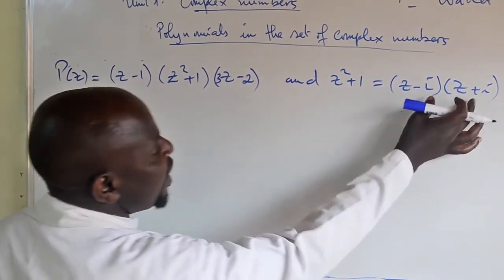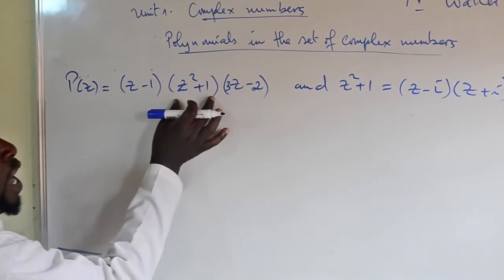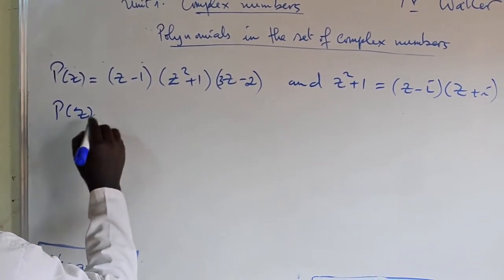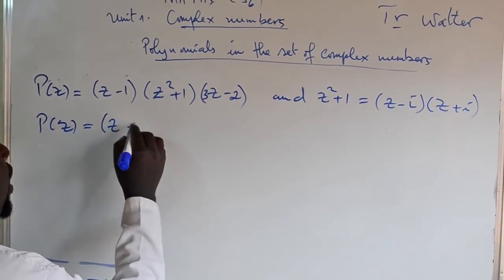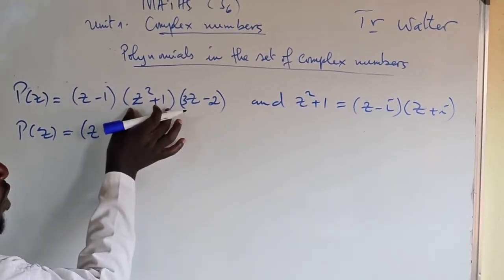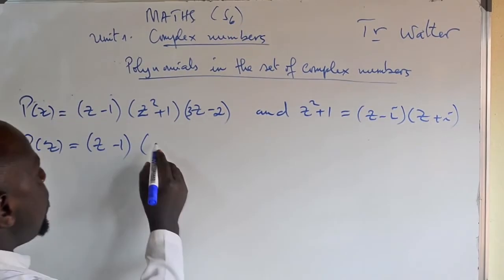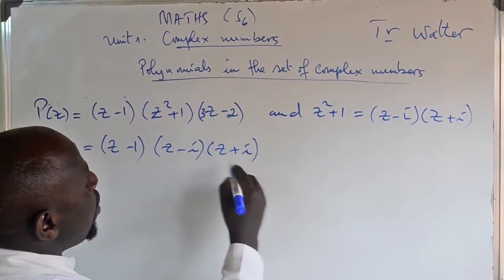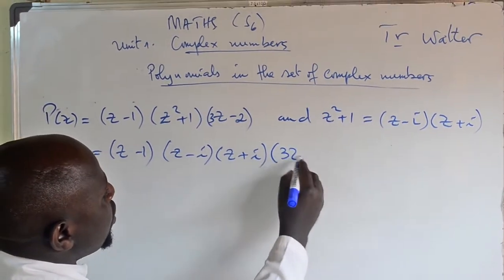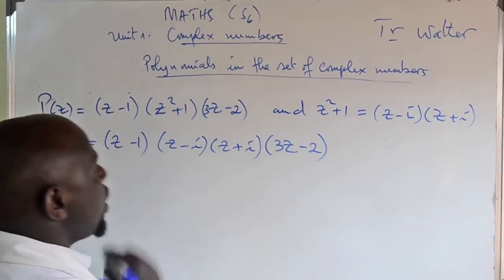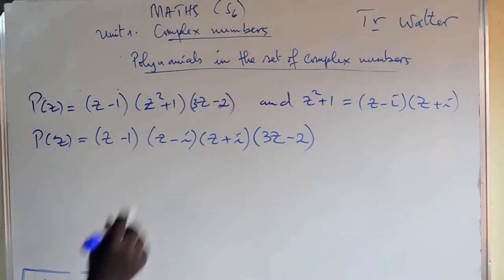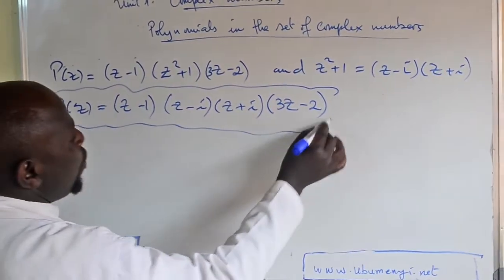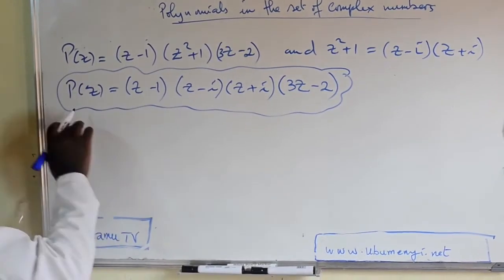So if we insert this within here and replace this by that, we shall get that p of z will be equal to z minus 1 factor z minus i factor z plus i factor finally 3z minus 2, and this is the factor form. This is the general factor form of p of z.